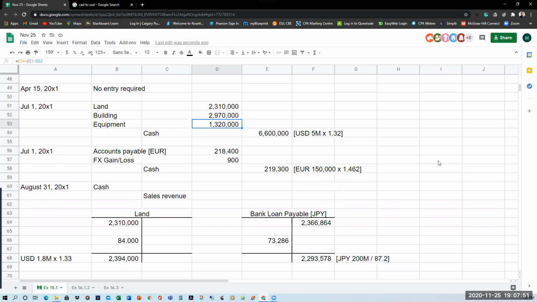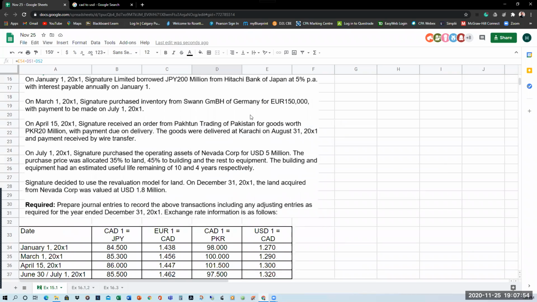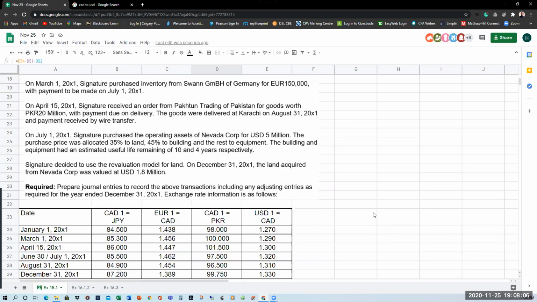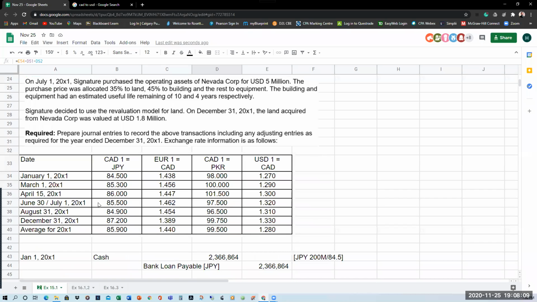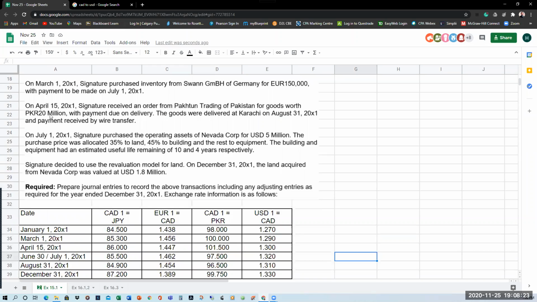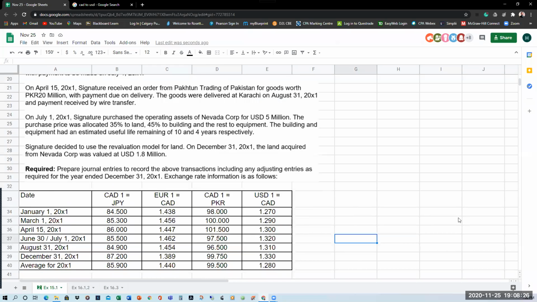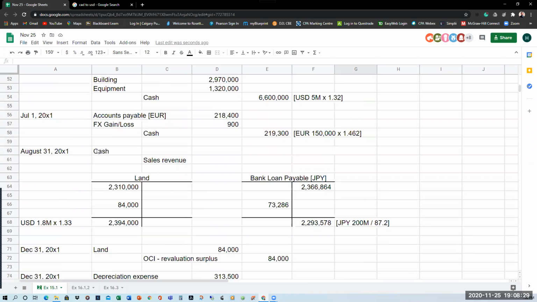And we did miss our friend Pakhtun Trading from Pakistan. We just happened to forget that the goods were delivered at Karachi port on August 31st, 2001, and payment was received by wire transfer. So August 31st, the exchange rate for Pakistani rupees was 96.5. 1 Canadian dollar equals 96.5 Pakistani rupees. So 20 million Pakistani rupees was the sales amount agreed upon. So we would get cash and we'd record a credit to sales revenue, right?